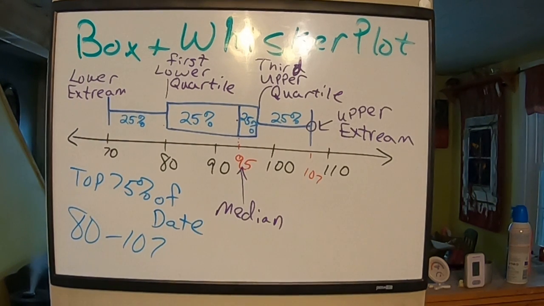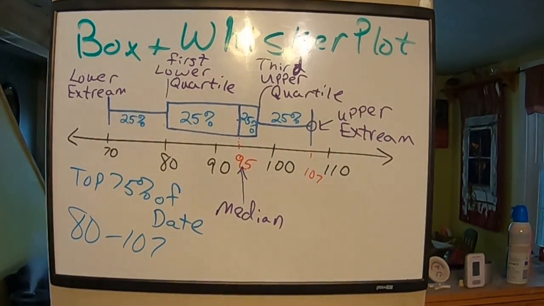Now, I don't believe we're going to ask you to create any box and whisker plots, but we may ask you to read them and try to understand what they're telling you.